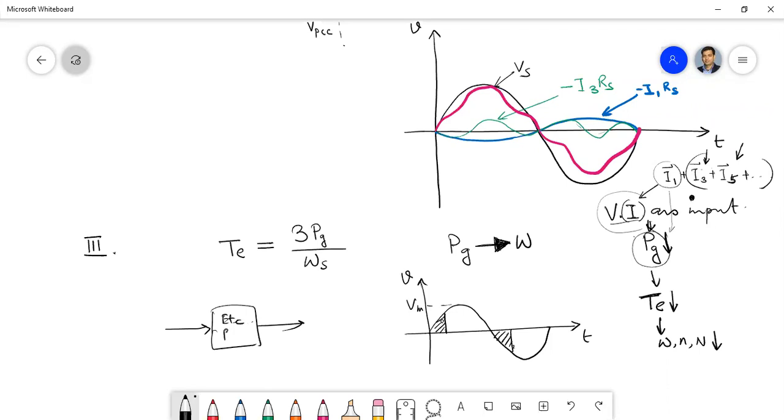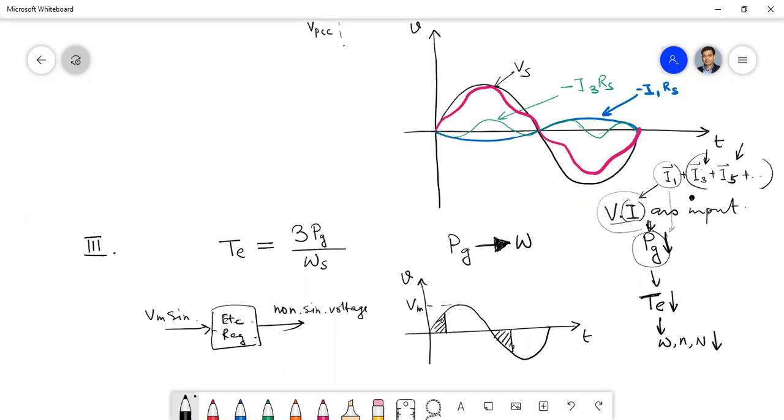Here we have exactly sinusoidal, but after this, you have non-sinusoidal voltage. Therefore, you will have non-sinusoidal current as well. And there will always be a difference in current and voltage value. And what you will get is a reduction in the torque and speed.